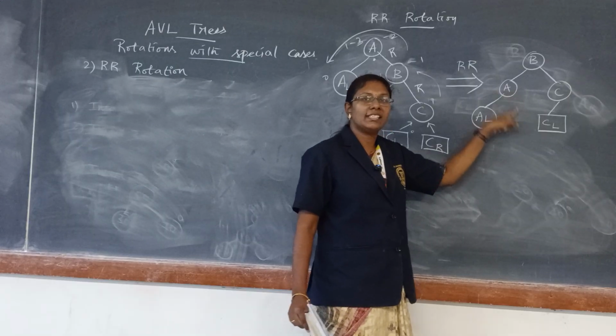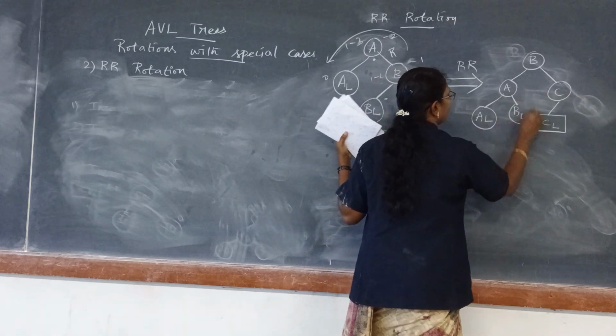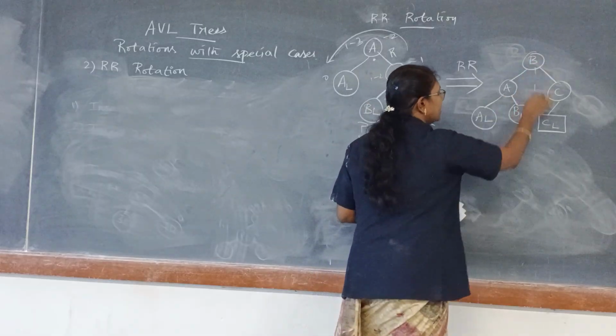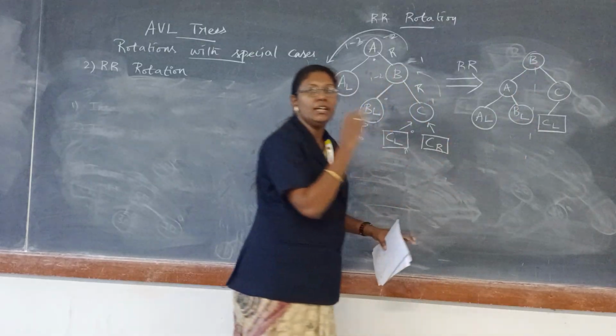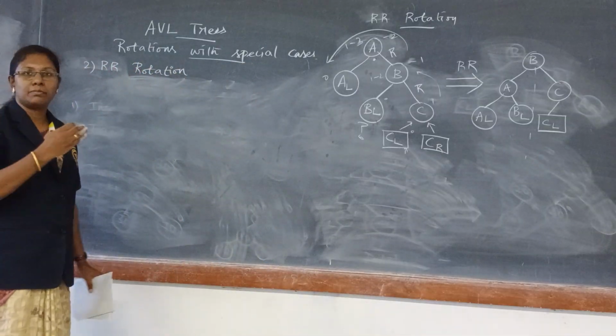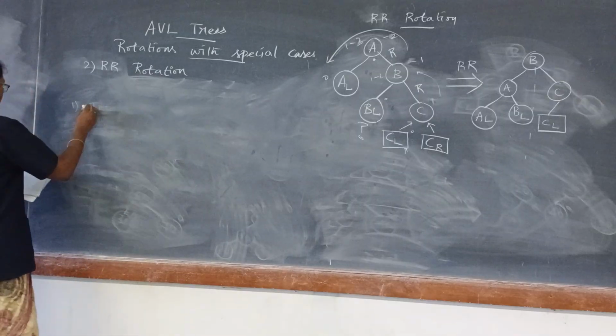So I am going to insert BL to the right of A, so that BL always remains on the left side of the B node. Okay, so for this I'm going to take one simple example to explain this concept.